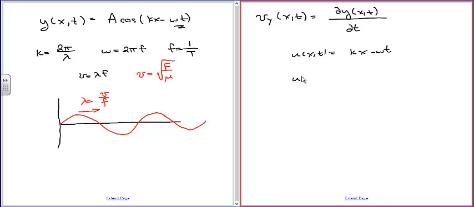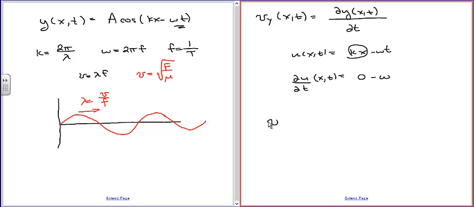If we use the chain rule, you get the partial of u with respect to t of this function of x and t. All we do is take the derivative with respect to t. This is treated as a constant, so there you get 0, and then the derivative of this is just omega, because the derivative of t with respect to t is 1, so you get omega.